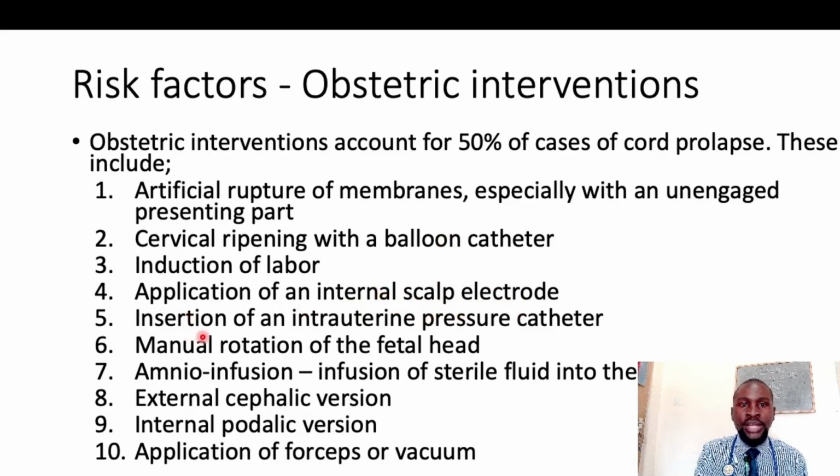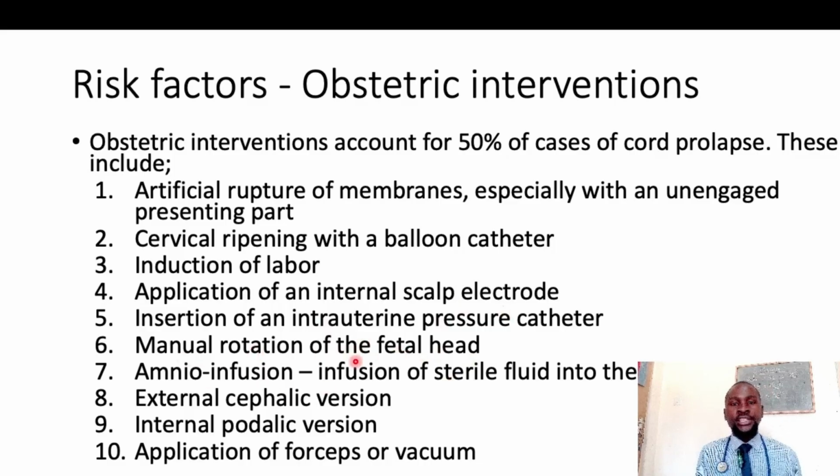This is the same thing as insertion of an intrauterine pressure catheter. This is just a catheter you insert inside the uterus as well, to monitor fetal well-being. While we are doing that, you can dislodge the presenting part that was adequately filling the pelvis, and because of that dislodgement, the cord can easily prolapse. Manual rotation of the fetal head, obviously, will dislodge the head.